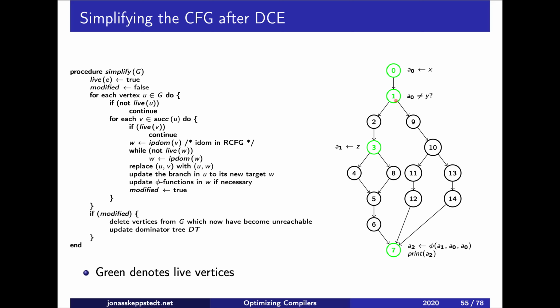The black are not, they should not be preserved. So this branch should not go to 2, but instead of going to 2, it should go directly to 3. And from 3, we should go directly to 7.